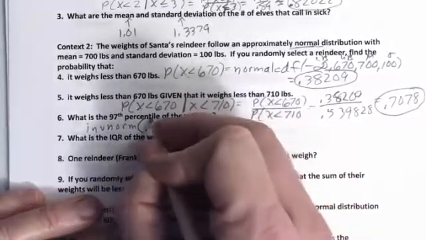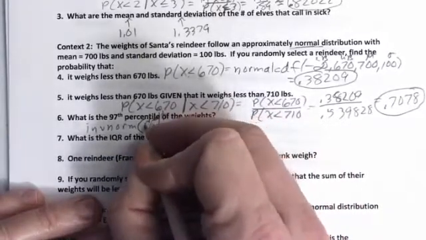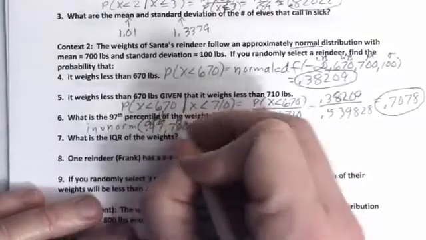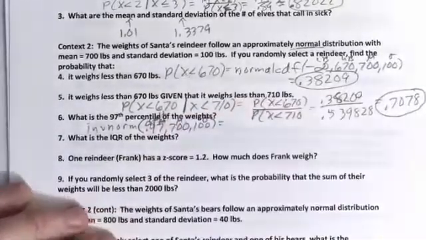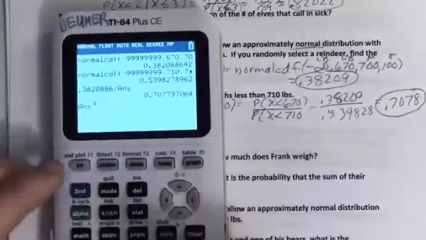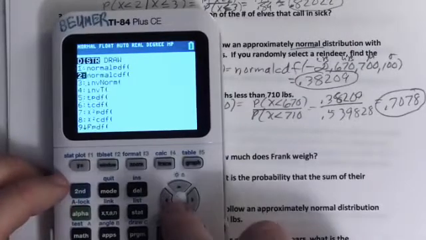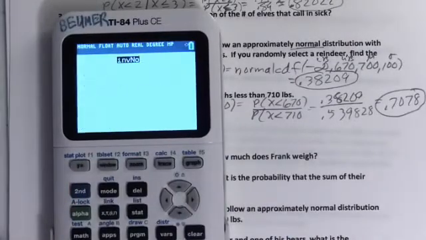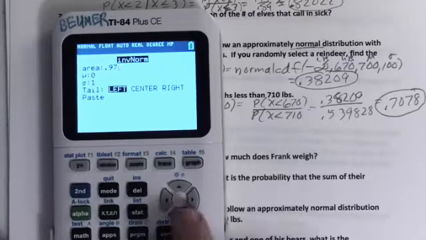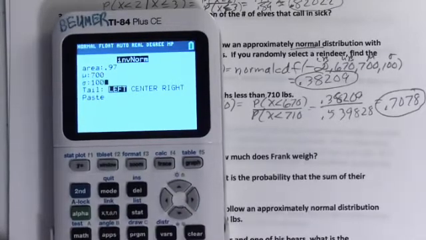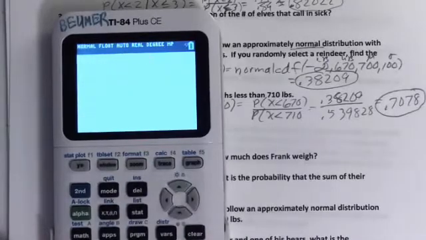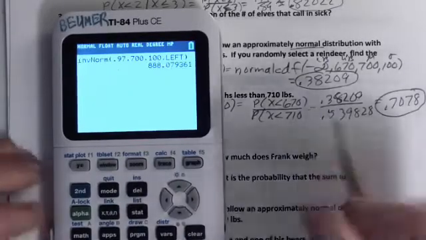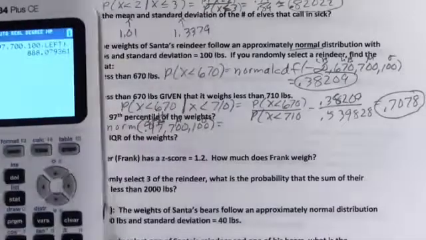And so label this as left area, mu, and sigma. Because inverse norm is right below normal CDF. So we'll go second distribution, inverse norm right there. So inverse norm of 0.97. Our mean is 700. Our standard deviation is 100. So left area. And so that would be 888.079.